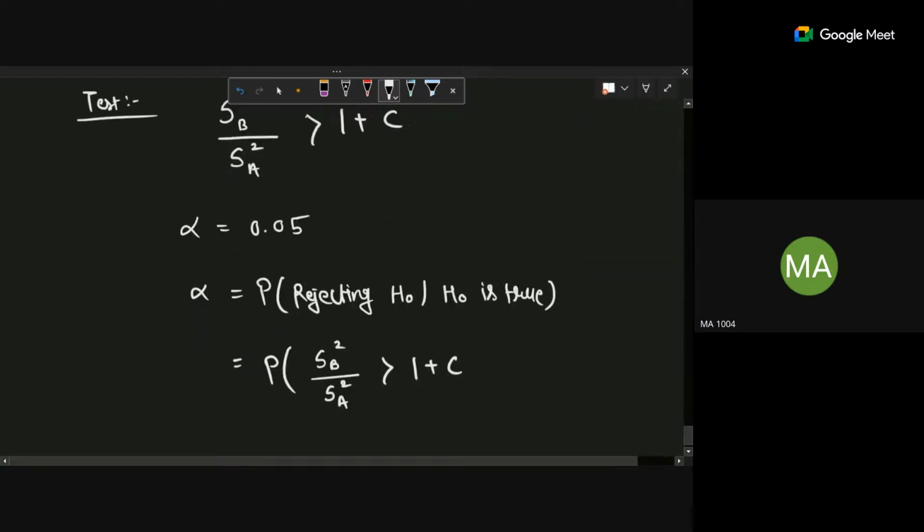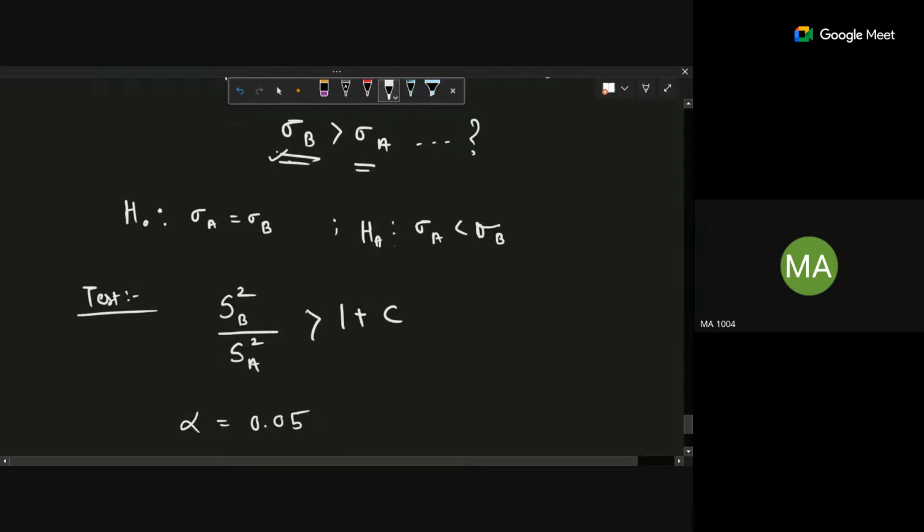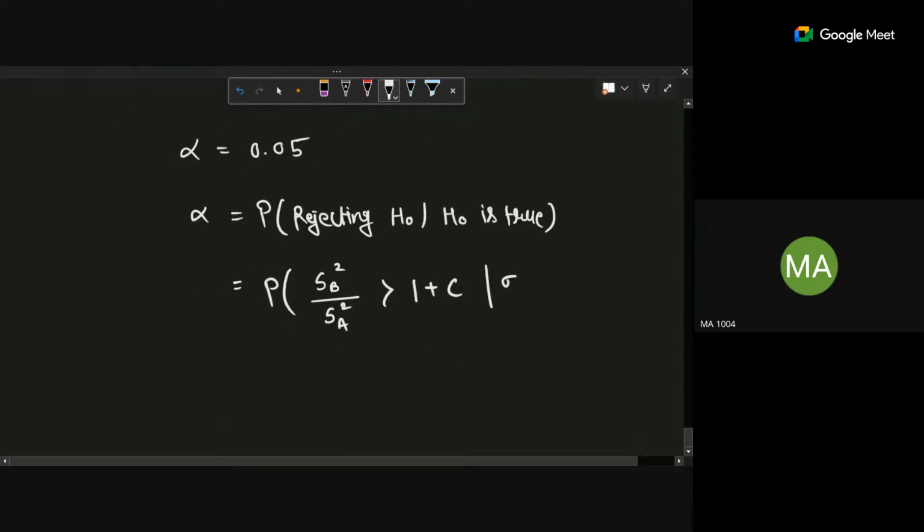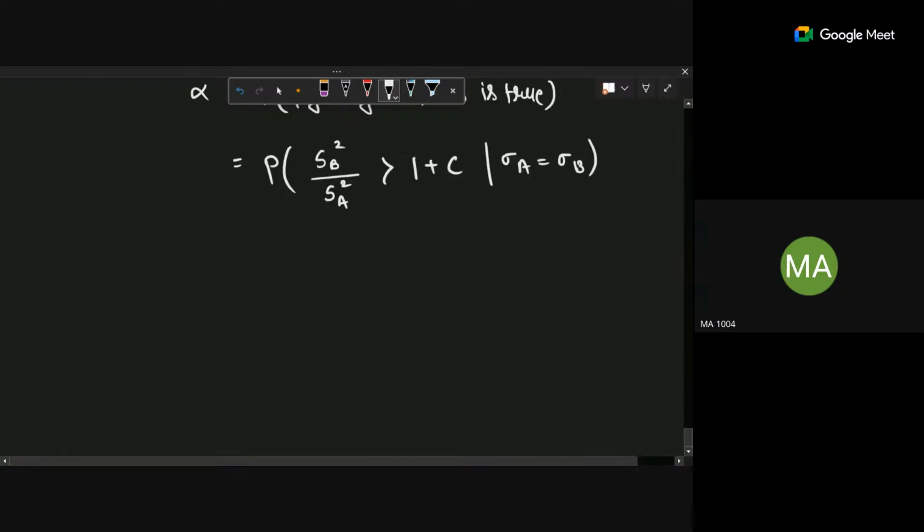H naught being true means sigma A and sigma B are the same, sigma A is equal to sigma B. So what does it imply? What will be the distribution for SB square upon SA square?